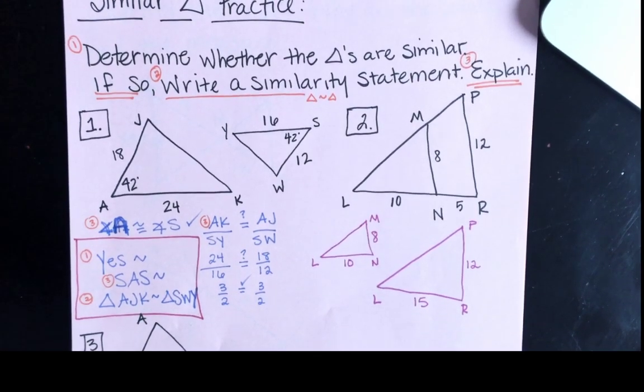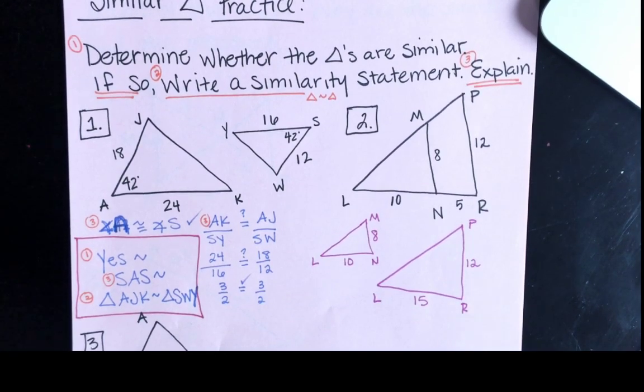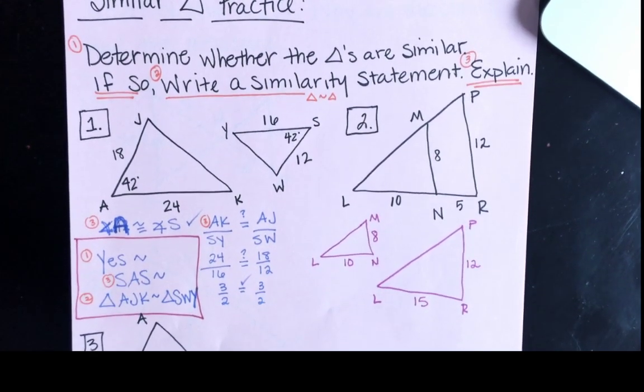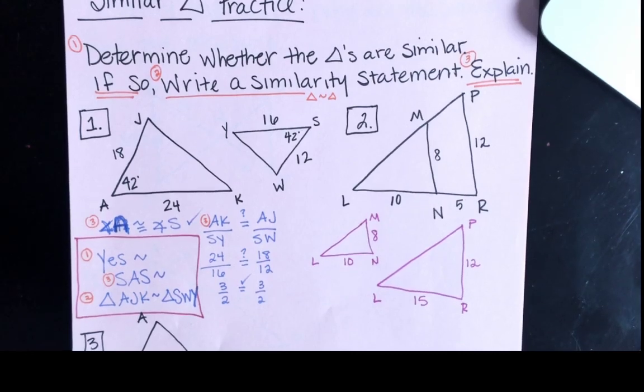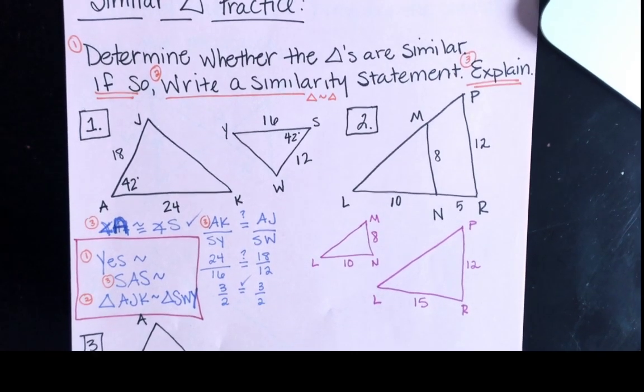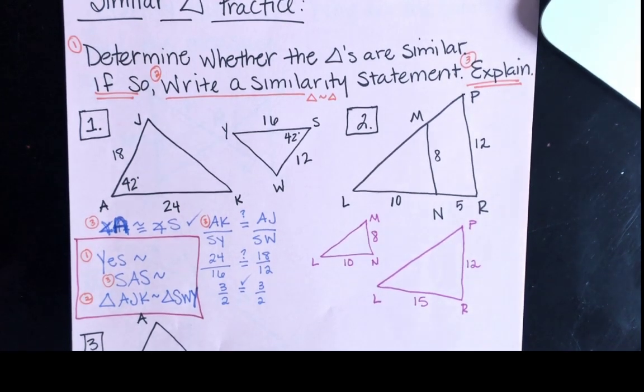So that means I have to find a congruent angle. Can anybody tell me what angle would be congruent in here? And there's a reason that it's allowed to be congruent. As you're looking at the picture, I will give you one other hint. It may not be one that's useful, but it is still congruent.